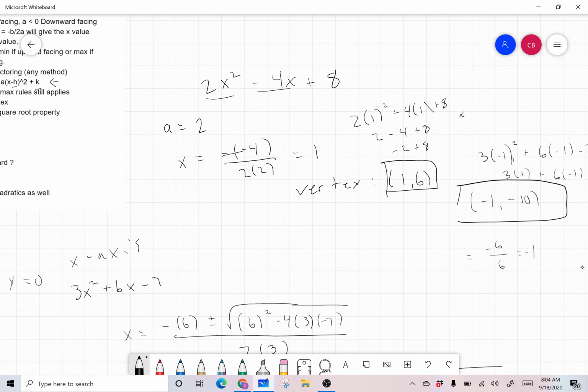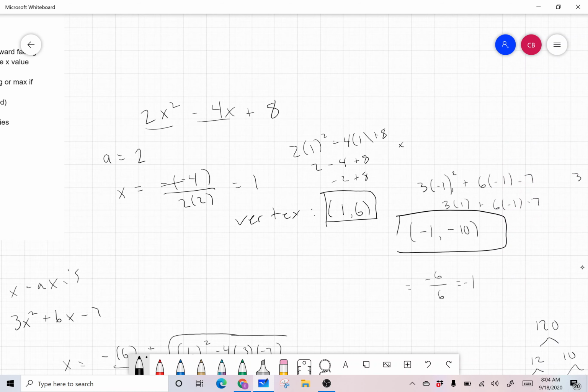Zeros, we're going to set it equal to 0 and solve it. So let's do that. 2x squared minus 4x plus 8. I noticed that the greatest common factor is 2, so I'm going to factor 2 out. X squared minus 2x plus 4. We can divide by 2.